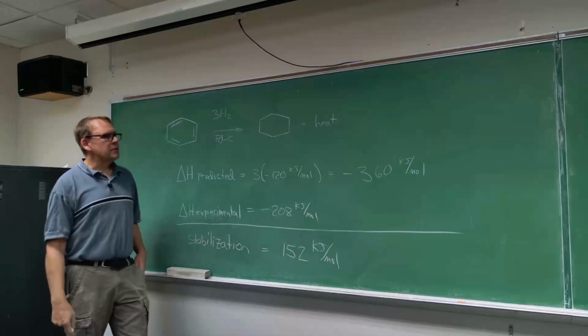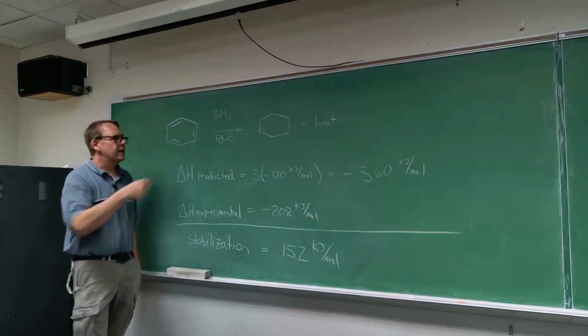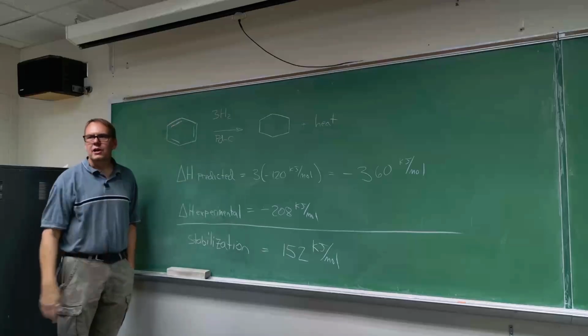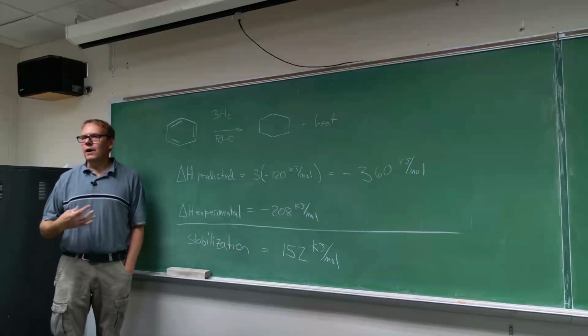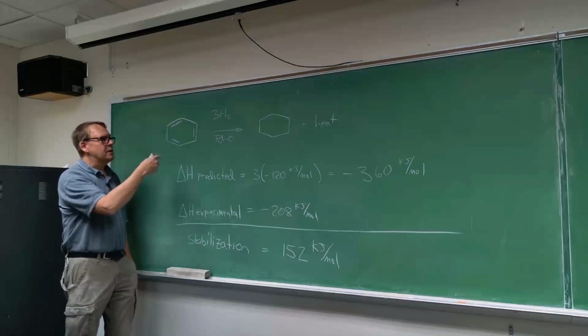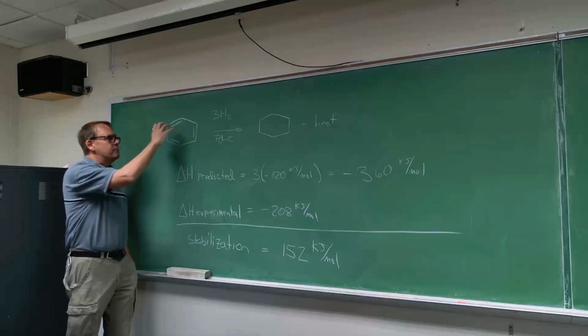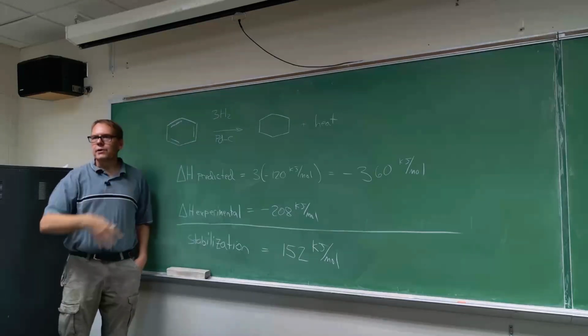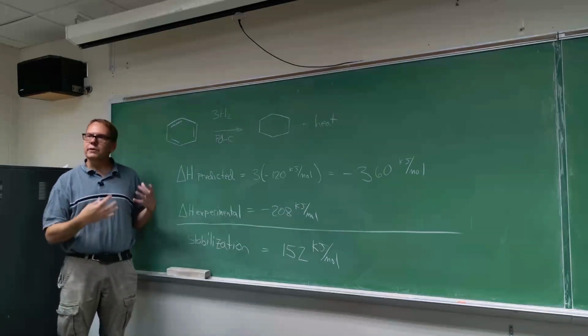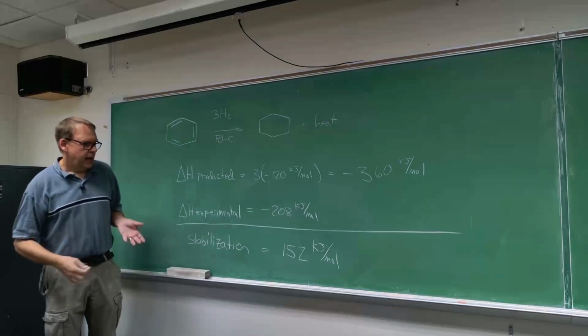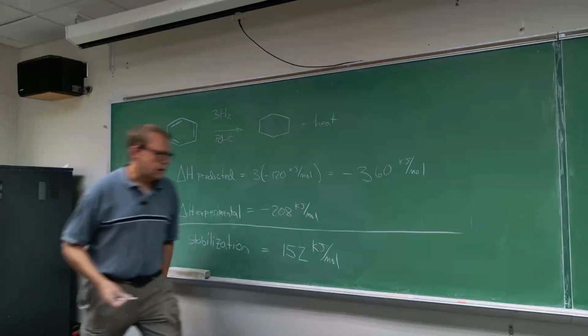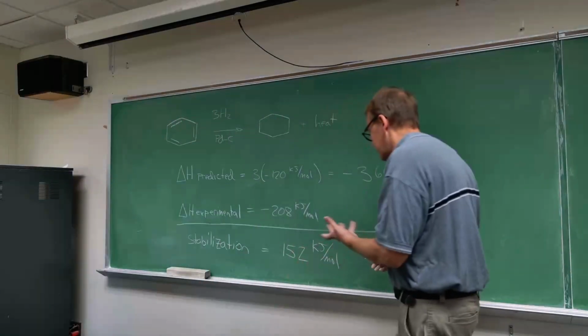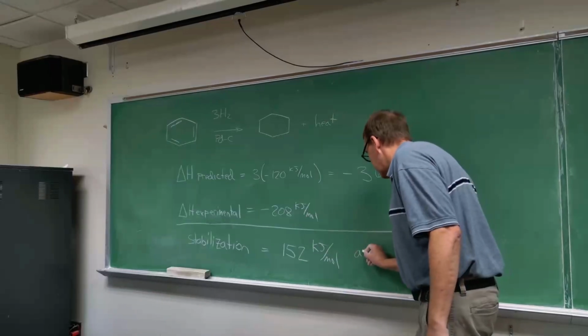There is something really special about having a complete circle of conjugation. This is a situation where the electrons in the pi system are able to circulate in a donut pattern. So it's a really extreme conjugation. And this is such a big difference that we call this phenomenon aromaticity.